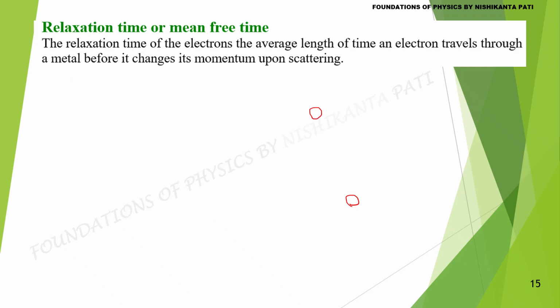In the absence of electric field, the electron moves with a constant velocity, constant momentum. When it strikes, there will be a change in momentum. So how much time does the electron move with a constant momentum? That average is called relaxation time.